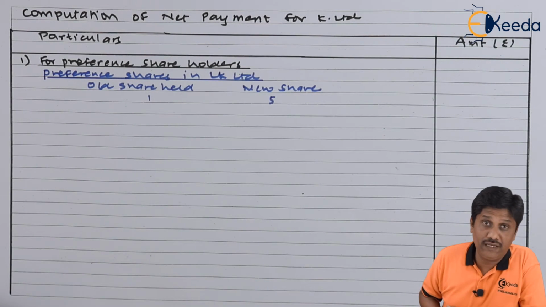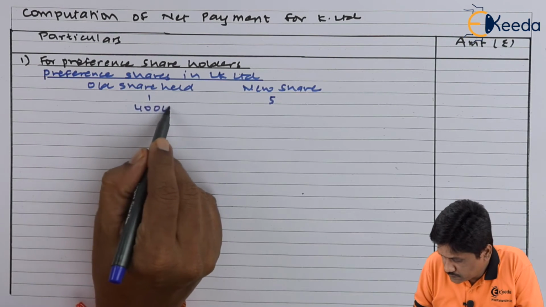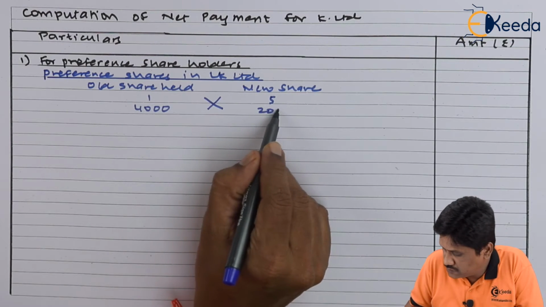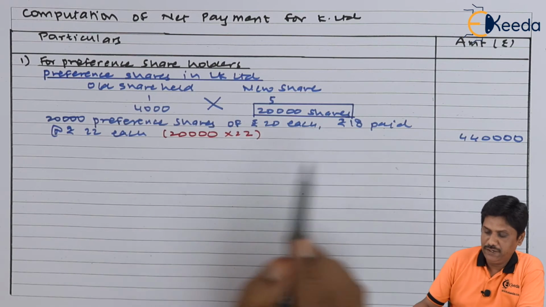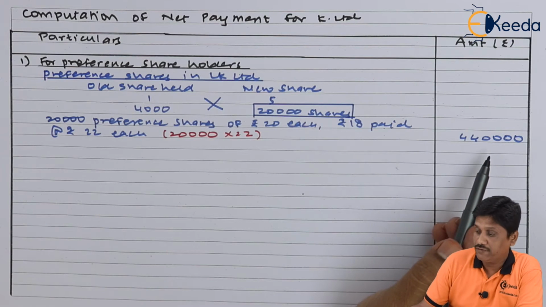In our balance sheet of K Limited, we have 4,000 preference shares. Accordingly, we'll get 20,000 preference shares of rupees 20 each, rupees 18 paid up, at rupees 22 each. So in that way your amount comes to 4,40,000.